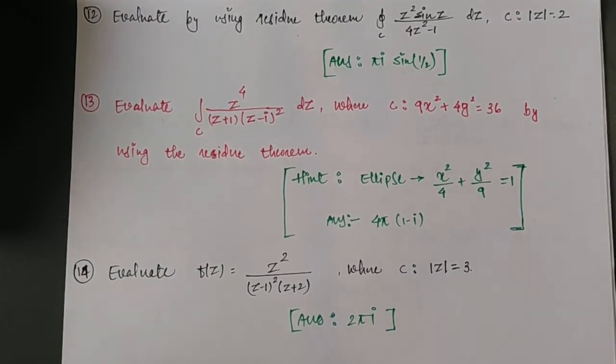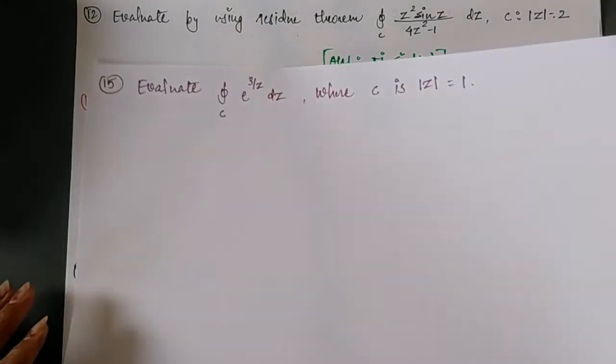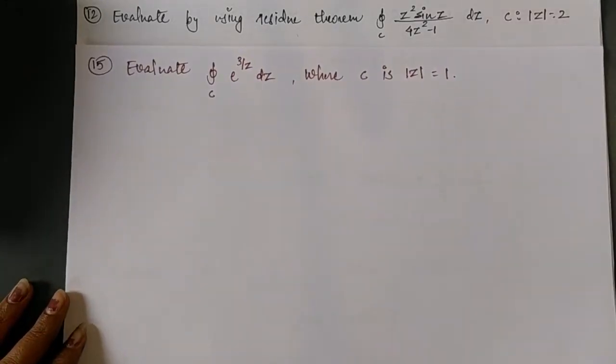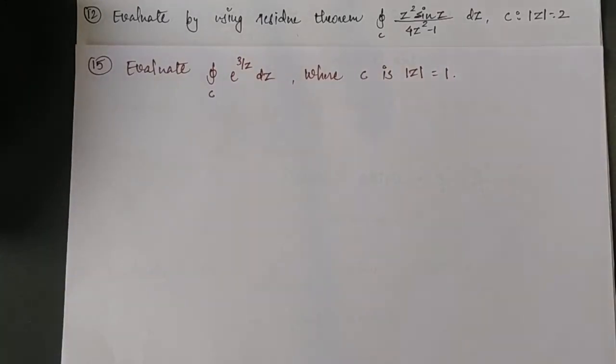In this session I'm going to start the same method, that is Cauchy's residue theorem, but with a different kind of function. The question is: evaluate the integration over C of e raised to 3 by z dz, where C is mod z equals 1.